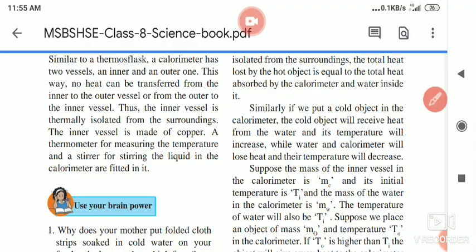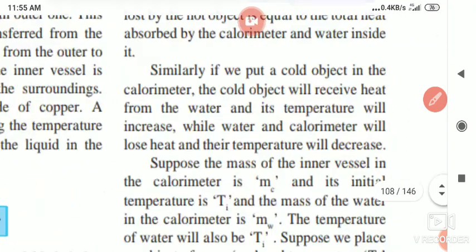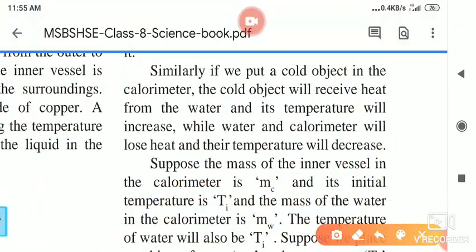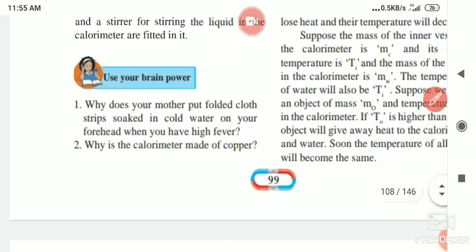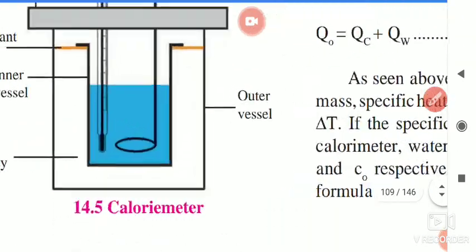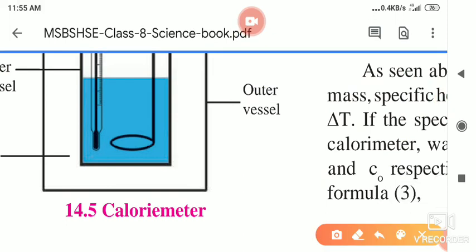And the same thing happens when we keep a cold object inside the calorimeter instead of a hot object. If we keep the cold object inside this calorimeter, what will happen then? If this object is colder, it will absorb heat from its surroundings, the water and the calorimeter.